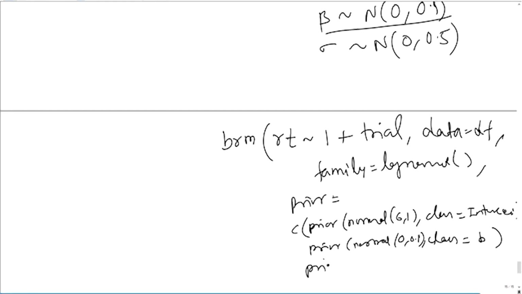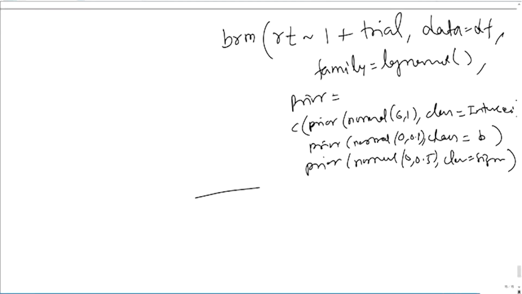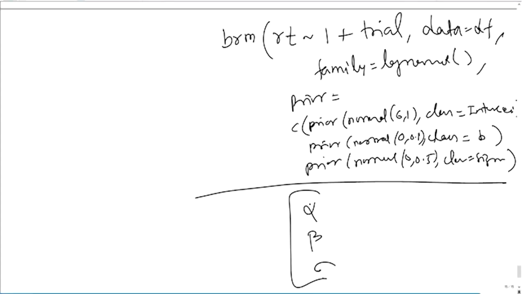And then prior normal 0, 0.5 on class sigma. This is how you define all three priors, and this is how you can write a brms model for the same. The model will now give you a posterior distribution for these three parameters. Of course, their names will be different in the model output, but it will give you estimates for all three.